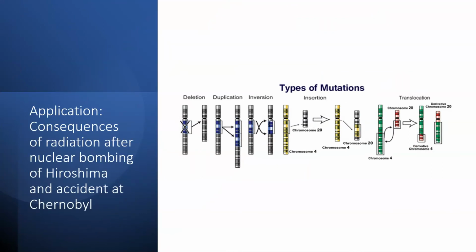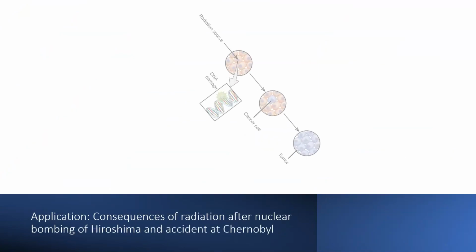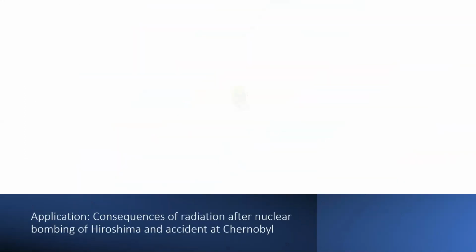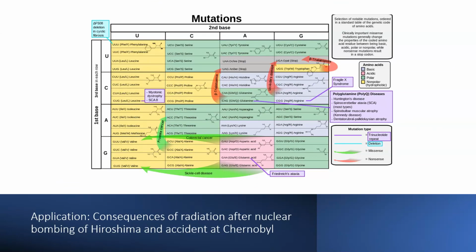Again, showing that radiation causes mutation. Again, showing how radiation can cause cancer due to the effect on DNA. This is just showing some of the different types of mutations that can occur in base sequences.